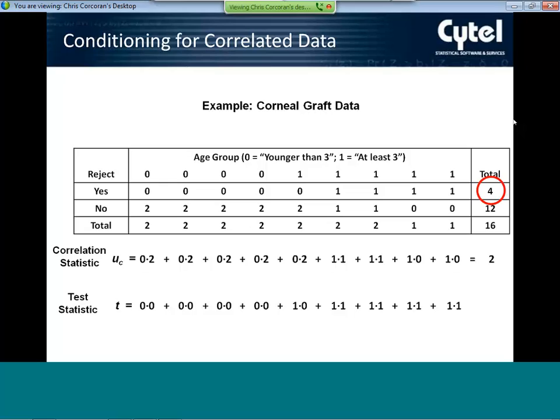So for the first child, they're in group 0, and they have 0 rejections, and so their contribution to the test statistic is 0 times 0, and so on. So in the end, the correlation statistic is 2, the test statistic is 4, and these 3 statistics that I've circled here are the 3 critical statistics with respect to computing an exact p-value for these data.